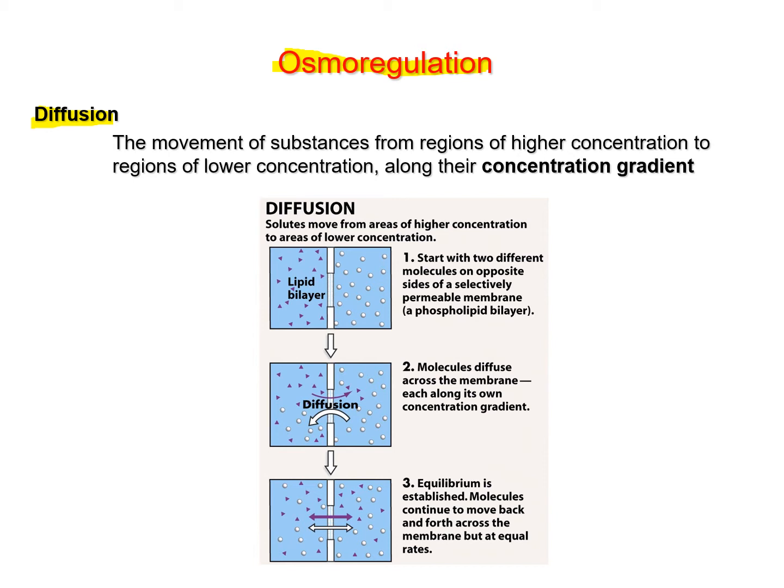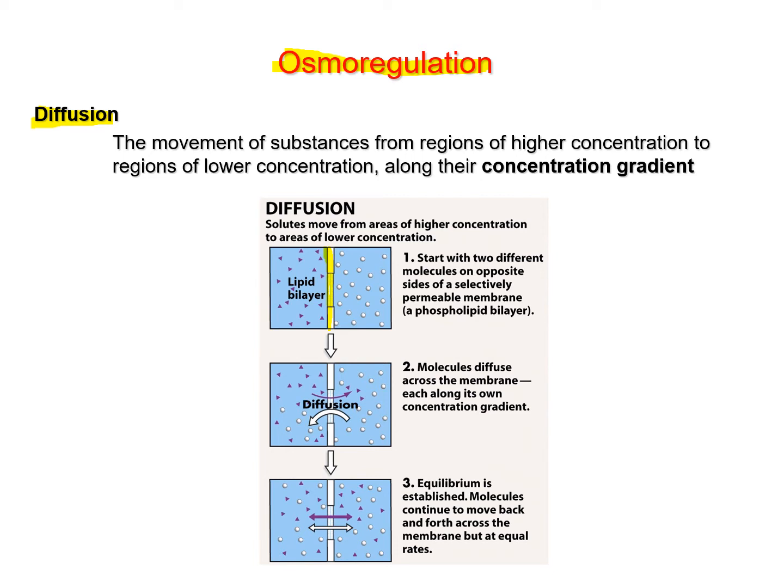And for diffusion of solutes, if the membrane is semi-permeable, which you do have in all of your tissues, and the molecule can diffuse across, then they'll move from areas of high concentration to lower concentration along their concentration gradient until the equilibrium is reestablished.